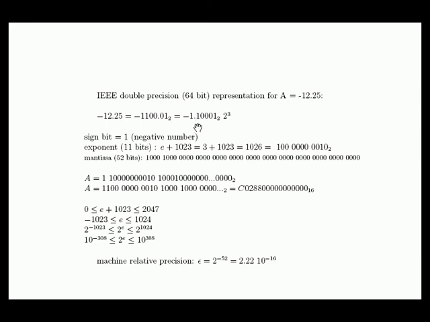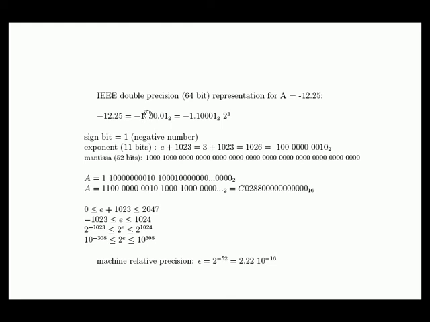Now you convert the binary to normalized binary form. That is, you move the binary point up to make it 1 point something. So for any binary number except the number 0, the leading digit is going to be 1. With decimal numbers, the leading digit could be anywhere between 1 and 9, but in binary it can only be 1.